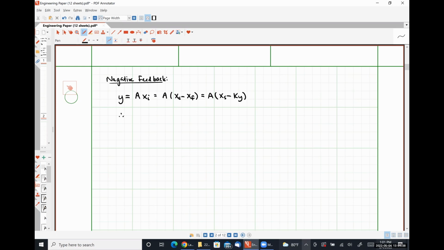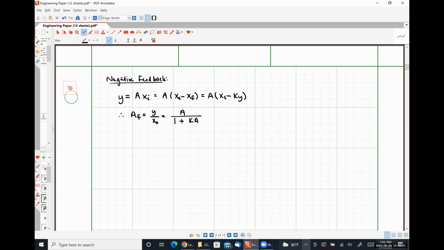And with a little bit of algebra, we get our closed loop gain, or gain with feedback, Y over XS to be A over (1 plus KA).